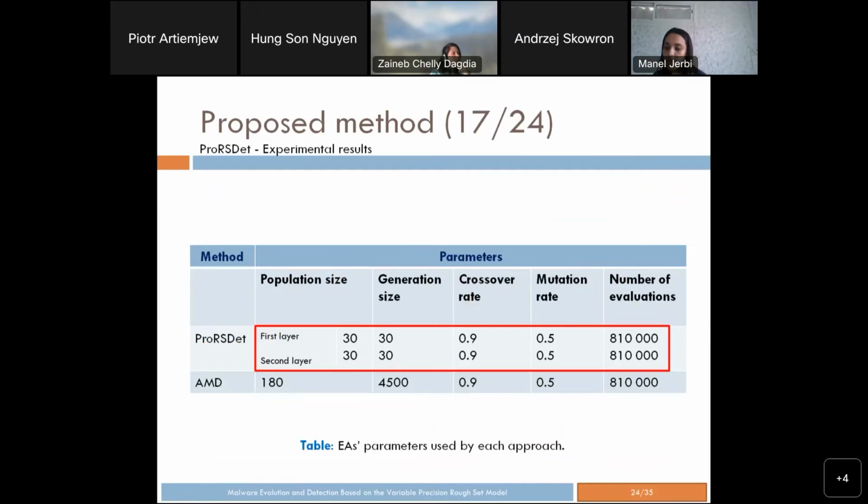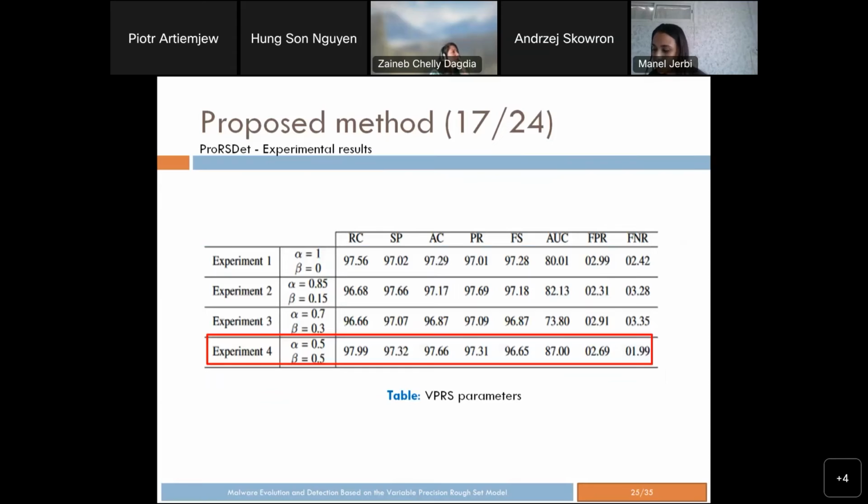And in order to assess RSTA'22, a comparison to a state-of-the-art method was performed, which is the AMD method, where the following evolutionary parameters were applied. Also, we searched for the best combination of the variable precision rough set parameters according to the best registered evaluation metrics.